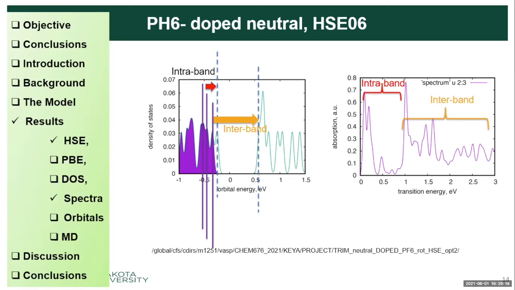Intraband is when transition occurs within the same band, like here within the occupied state. In the occupied band there is that violet color, and there is another empty orbital there.